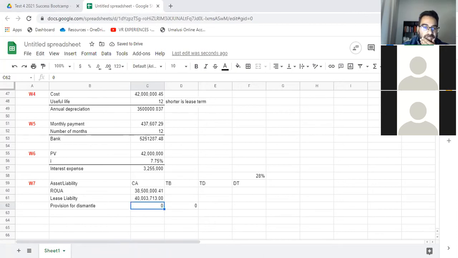So just be aware of that. Obviously mine is slightly off because my interest expense is not 100% correct, but we're not going to bother with that too much.